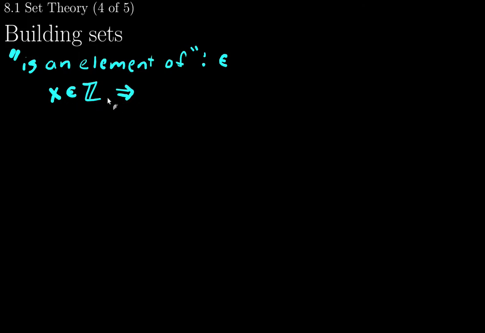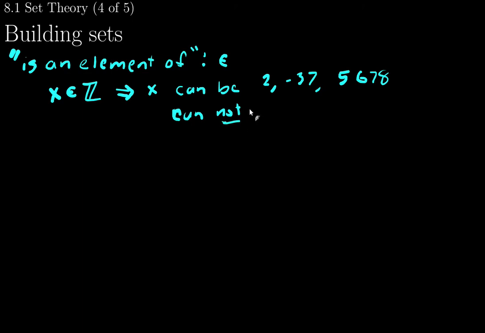This implies, if x is an element of integers, then x can be numbers like 2, -37, 5,678, these things. x cannot be anything that's not an integer, so 1.5, -pi, square root of 2. x can't be these, so x is an element of the integers means that x is one of them. It doesn't tell me which one it is, but it is somewhere in this set.